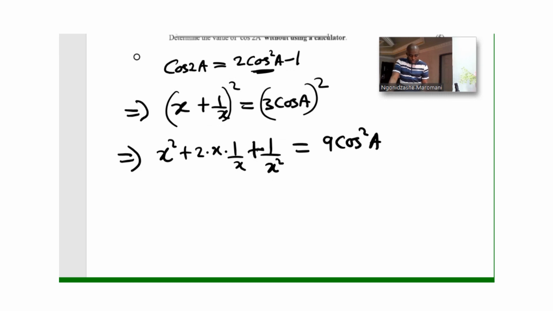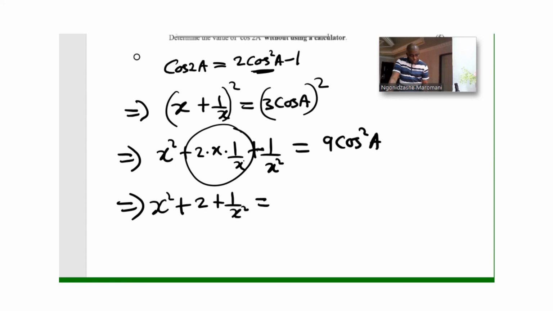Simplifying, x cancels with x, so it becomes x squared plus 2 plus 1 over x squared is equal to cos squared a.